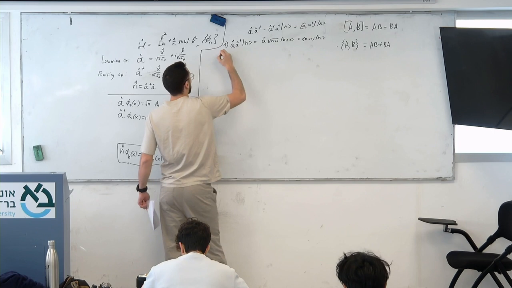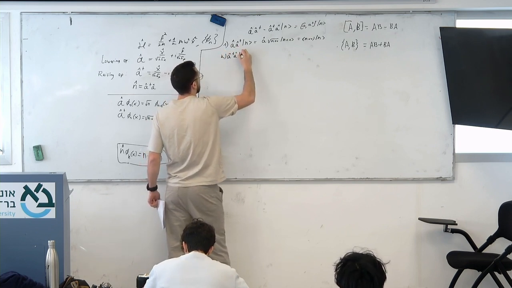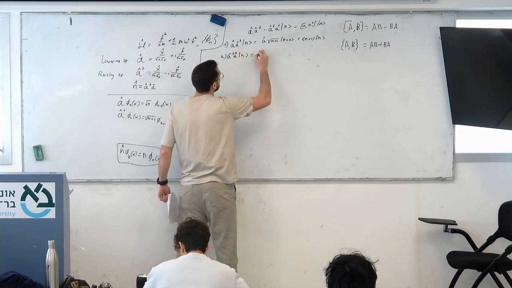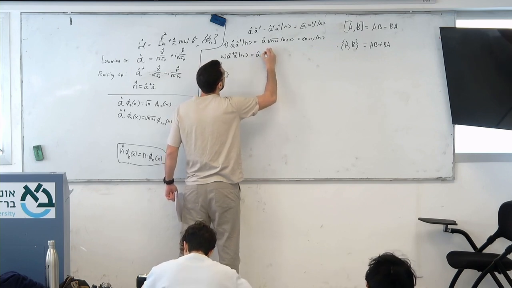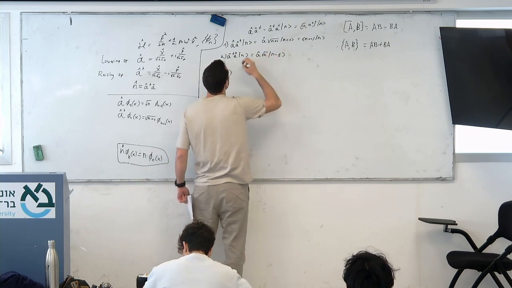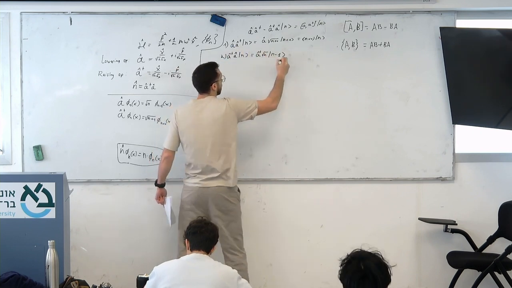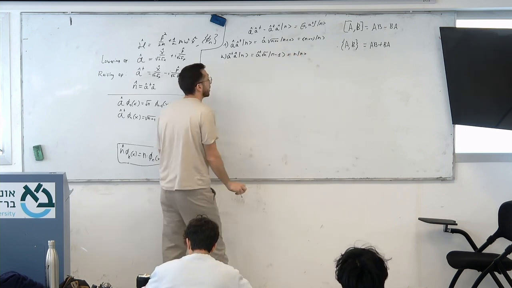This is on one side. On the other side, a dagger a on some state n is equal to a square root of n minus 1. This is a dagger, which is equal to n times an eigenstate.